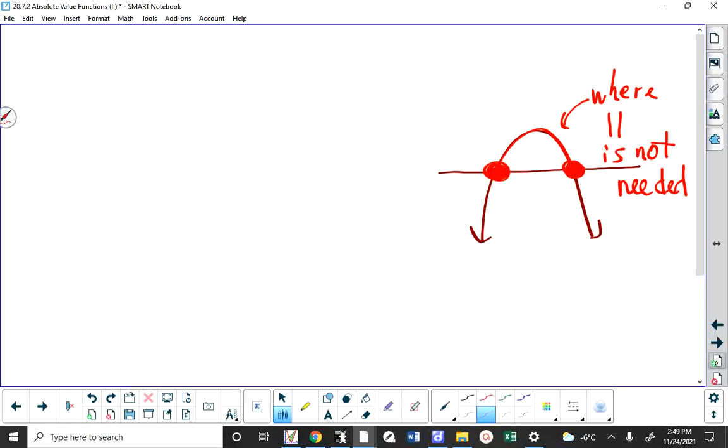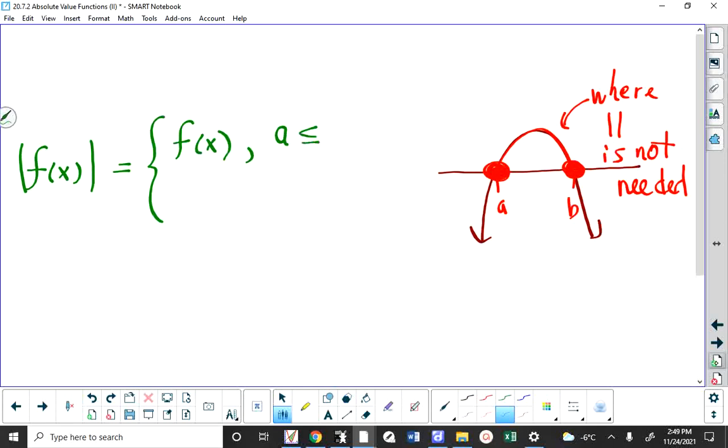I'm going to try to make this general. Let's say that number is a and this number is b. In that case, we wouldn't need the absolute value signs when a is less than or equal to x, which is less than or equal to b.